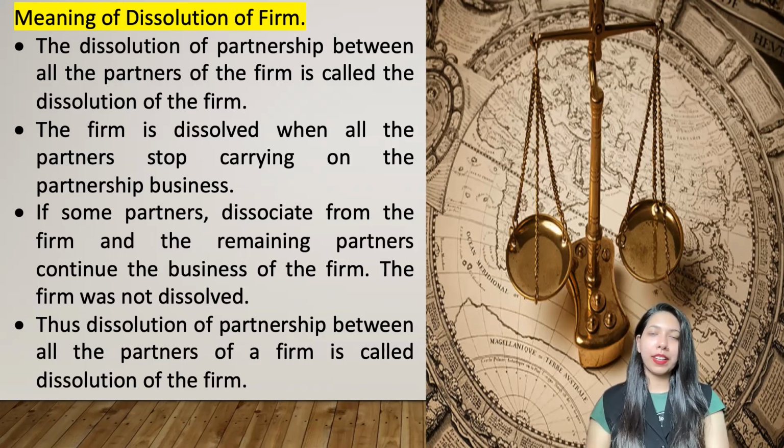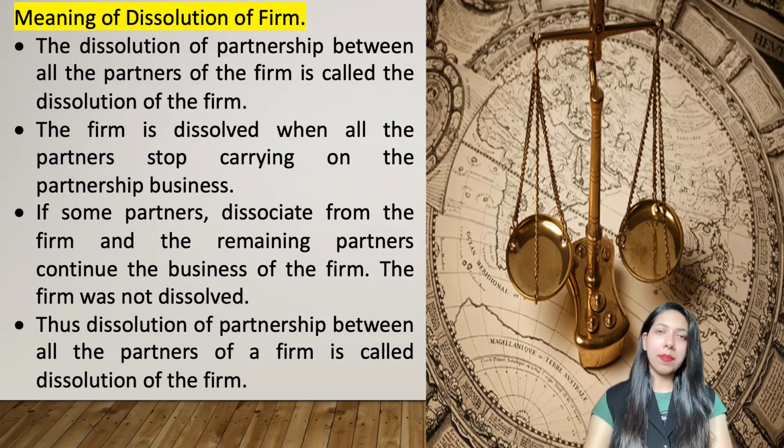Thus, dissolution of a partnership between all the partners of a firm is known as dissolution of a firm. Winding up or dissolution means all the partners of the firm come to a conclusion that they are going to wind up the business.